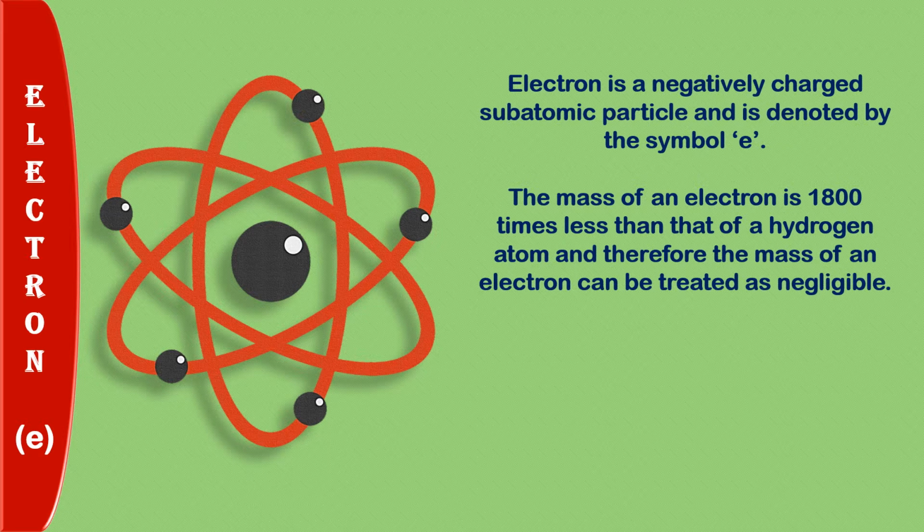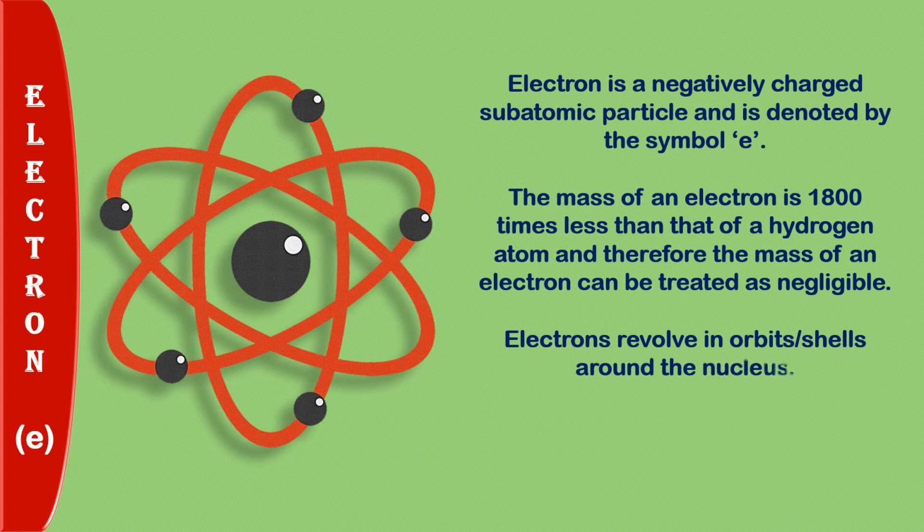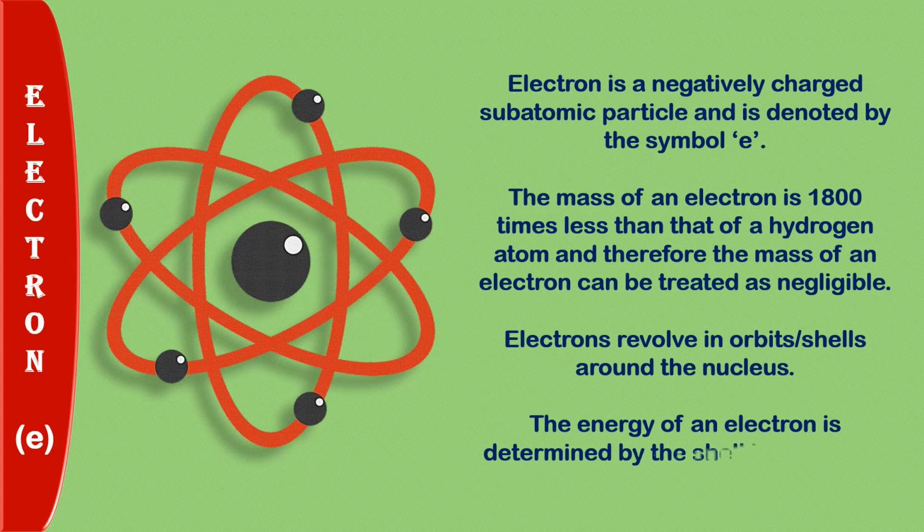That means it is much smaller than the protons and the neutrons. Electrons revolve in orbits or shells around the nucleus. Can you see the electrons moving around here? And the energy of an electron is determined by the shell in which it is present. So depending whether it is the first shell or the second shell or the third shell, the energy of those electrons changes.